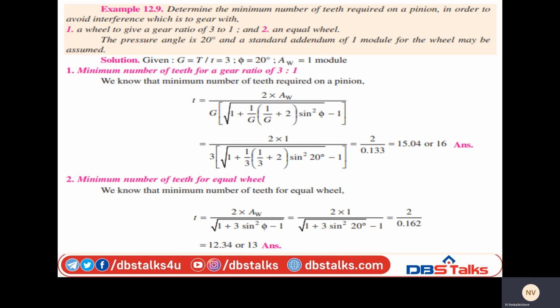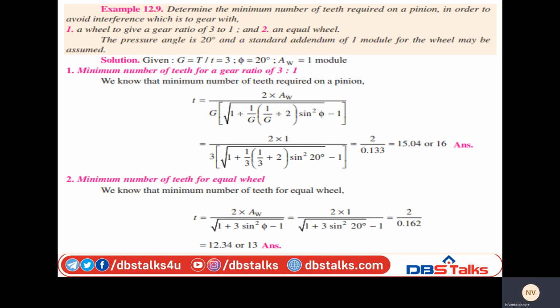So in the formula we need to represent capital T is equal to 2 AW by capital G into square root of 1 plus 1 by G into 1 by G plus 2 into sine square phi minus 1.